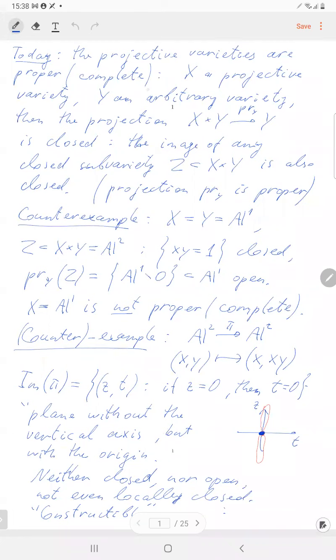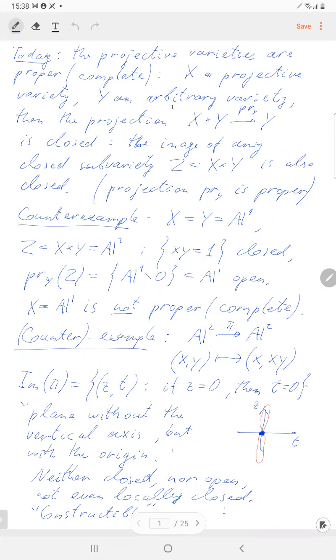Somehow, if it's already projective, then it's automatically separable. So where should I add it? The image of any closed subvariety is also closed.